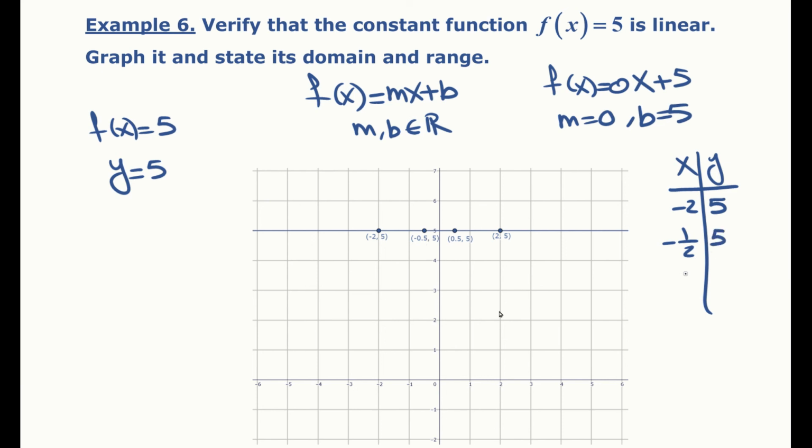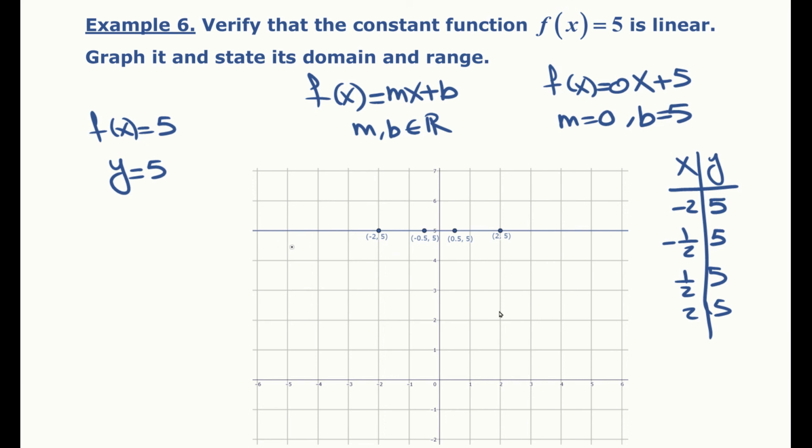What about f of 1/2? That'll be 5 as well. And f of 2 will be 5. These are just a few points in the plane whose y coordinate is 5. If you want all the points in the plane whose y coordinate is 5, of course, you would end up with that entire line, right? And that's why that's the graph of f of x equals 5.